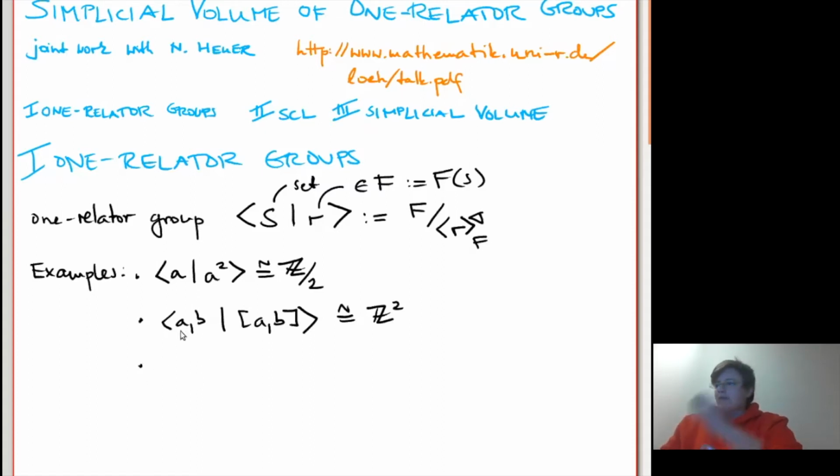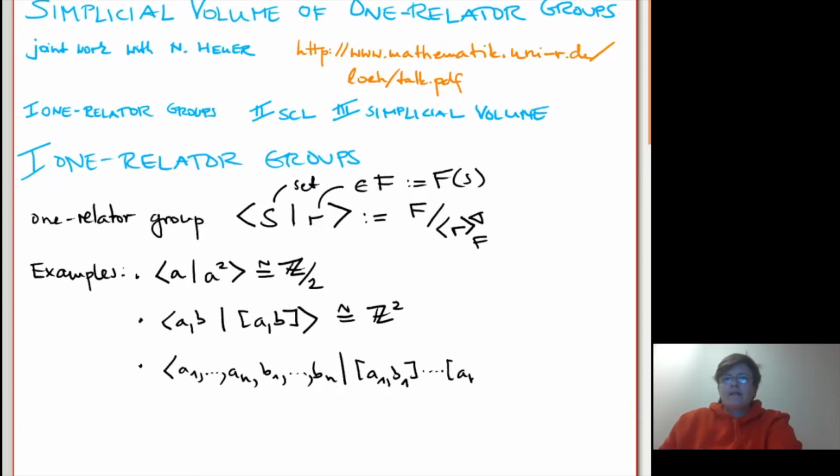If we continue in this way, we add more generators. So we have A1 up to AN, B1 up to BN, and we divide out the single relator that is given by the product of the commutators.